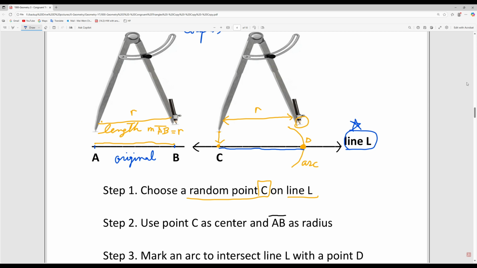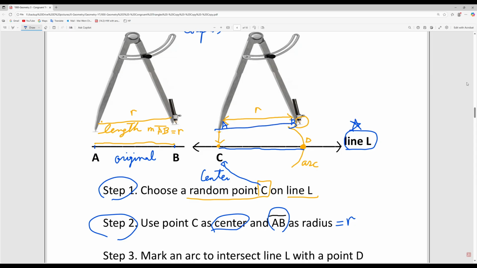So repeat. Step 1, choose a random point C. Step 2, use C as a center and AB as a radius R. So this is AB.